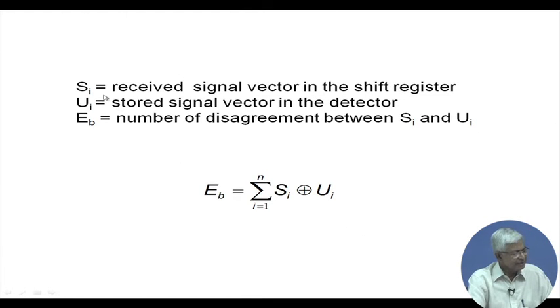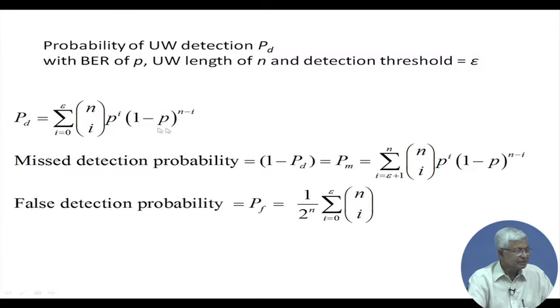It can be said mathematically: S_i is the received signal vector in the shift register, U_i is the stored signal vector in the detector, and E_B is the number of disagreements when you do a modulo 2 addition over the n number of bits. The probability of detection, with tolerable error, is the sum over i equal to 0 to epsilon of nCi p^i (1-p)^(n-i), where small p is the bit error rate probability, small n is the length of the Unique Word, and the error threshold is epsilon.